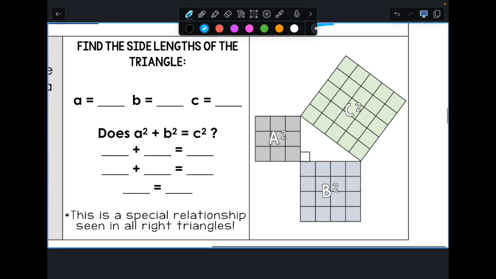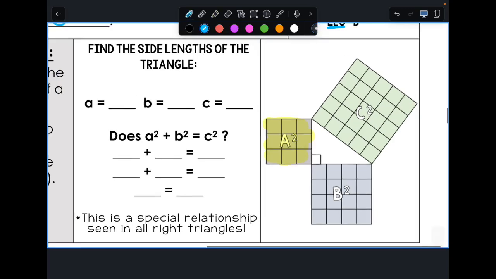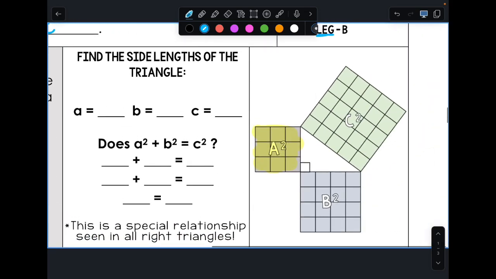First, we're going to find the side lengths of this triangle, okay? So for A, look at box A. What is the side length of box A? 3. It's 1, 2, 3 boxes long, so 3. What about B? 1, 2, 3, 4 boxes long, so the side is 4. And C? 5.